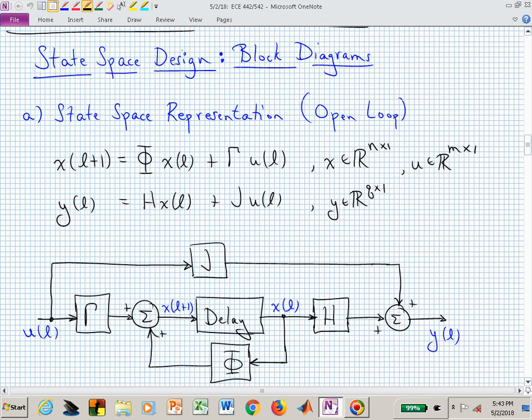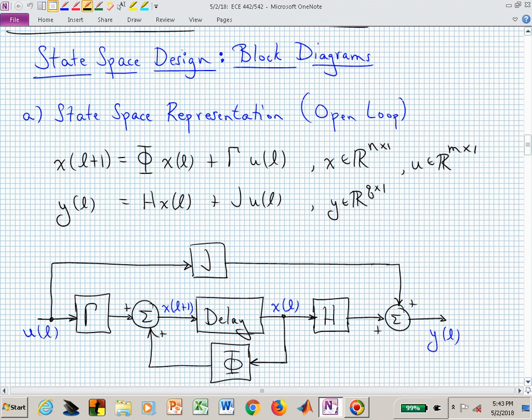So in this case, open loop means I'm not explicitly going in and measuring X and feeding that back, or measuring Y and feeding that back. I am obviously showing some interconnections between the state variables and the next set of state variables, but that's phi, that's how the system is dynamically defined.